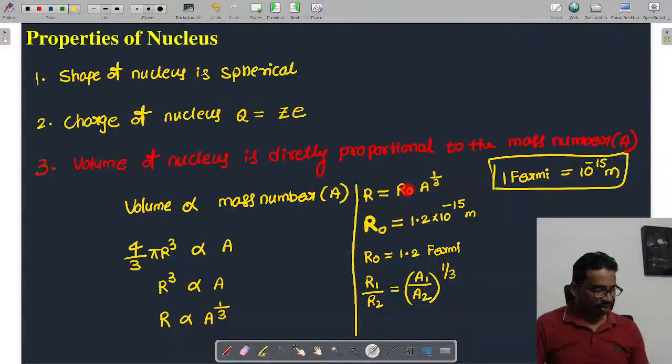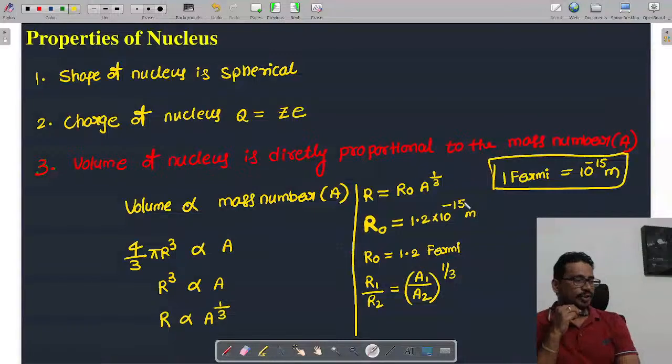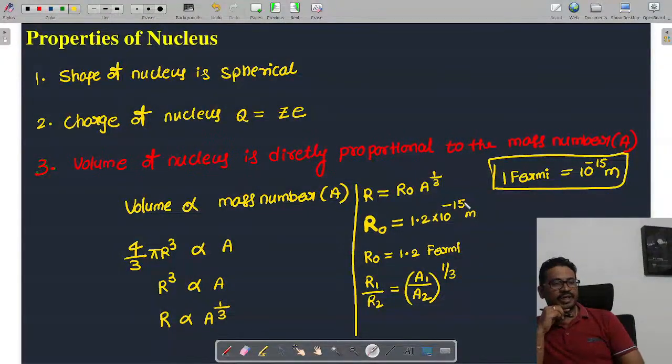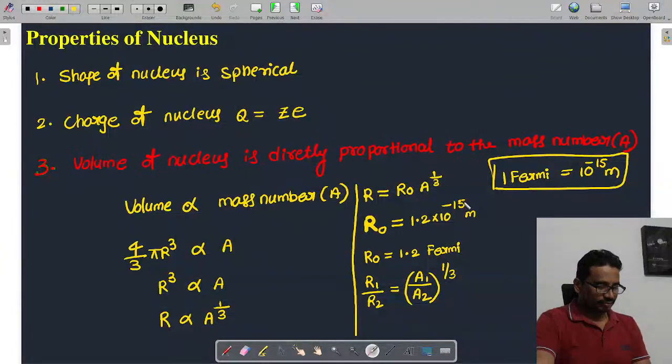You want to say this R naught value, when I bring this term to this side, the constant will come now. That constant value, if we substitute the values and simplify, will come to be this much, 1.2 into 10 power minus 15 meters. Yes.